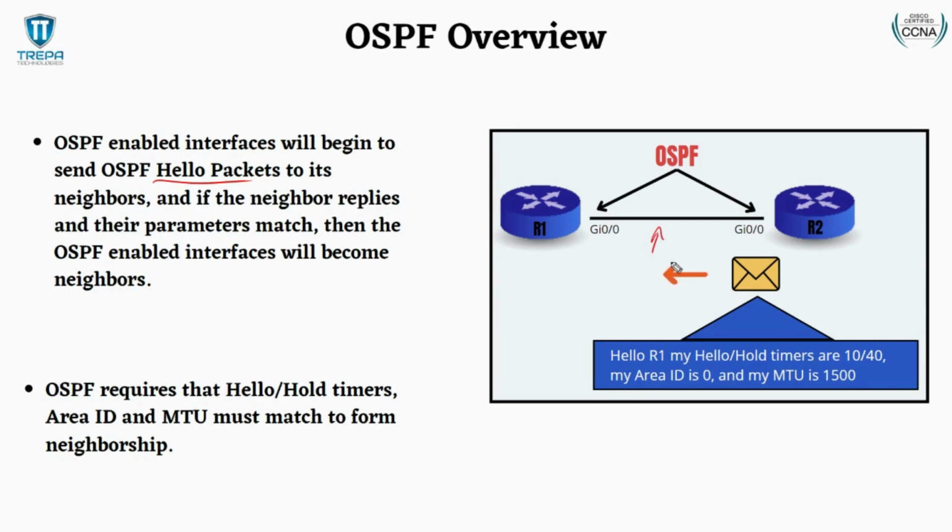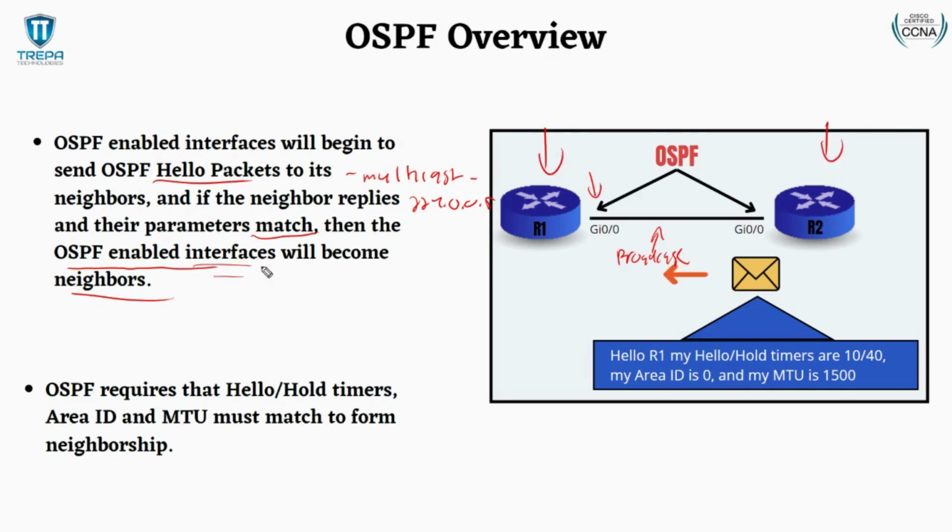Depending on the network type, whether it's a broadcast network, it's going to send out a multicast as the destination IP, and any OSPF-enabled interface should be listening to that multicast address. And in that hello packet, there exist parameters. These parameters will have to match according to OSPF, right? And if those parameters match, then those OSPF-enabled interfaces will become neighbors, essentially making these routers neighbors, right?